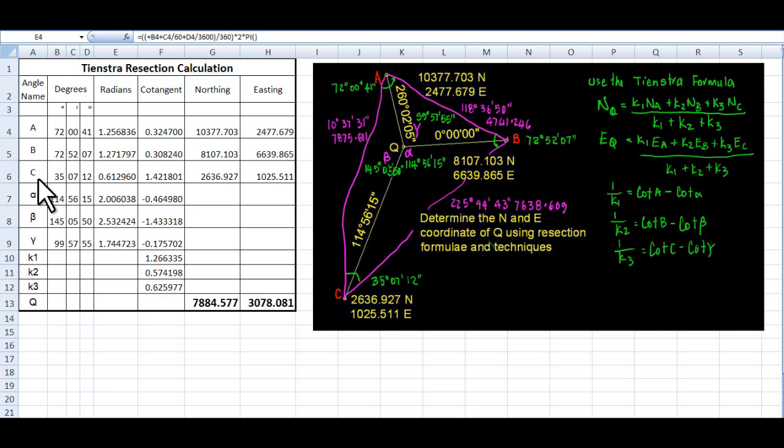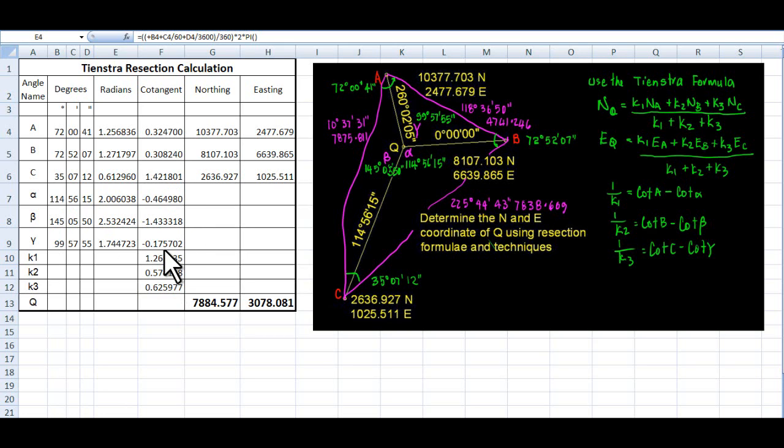I've got A, B and C down here, the angles at each of those, as well as the coordinates, the northing and easting of those. Also here we have alpha, beta and gamma, and the degrees, minutes and seconds for those. And then K1, K2 and K3, which will be calculated out here from the cotangents from each of the angles.